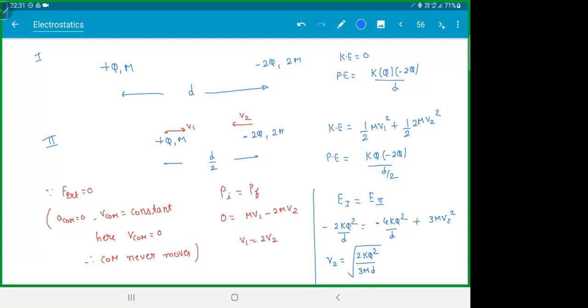Conservation of linear momentum, conservation of energy. So, like I said, instead of potential energy mgh, we are going to use kq1 q2 by r. Check it out. Standard problem.